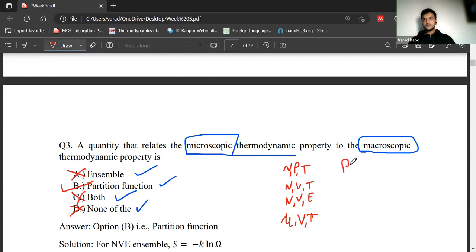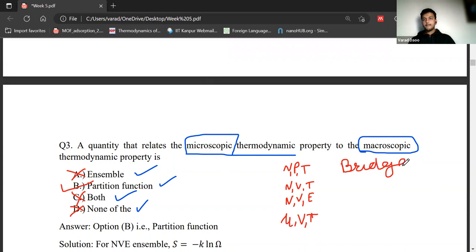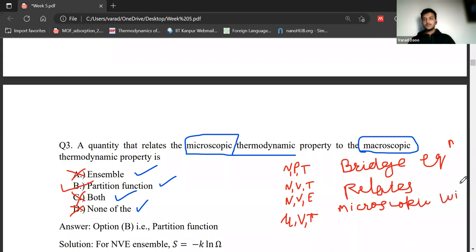The bridge equation relates the microscopic world with the macroscopic world, right?